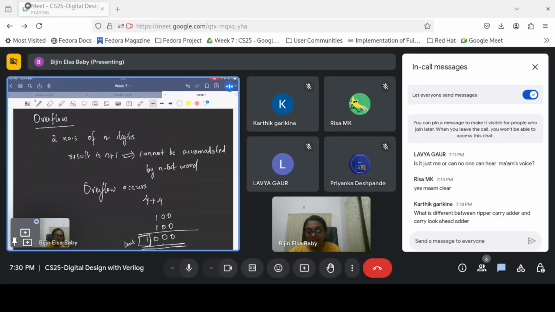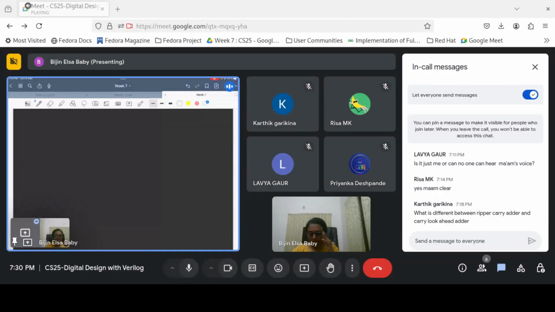But for signed numbers, how can we find out whether overflow happened? Usually two cases. If one number is positive and one number is negative, then the result will be a smaller number.